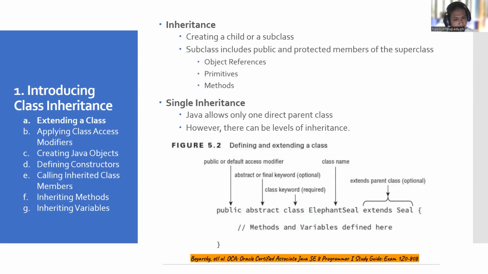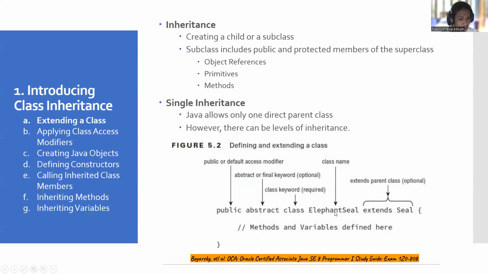So here is how you extend or you implement inheritance in Java. So it's just similar to defining your class. You have your abstract or final keyword. We will talk more about the abstract keyword later when defining your classes.